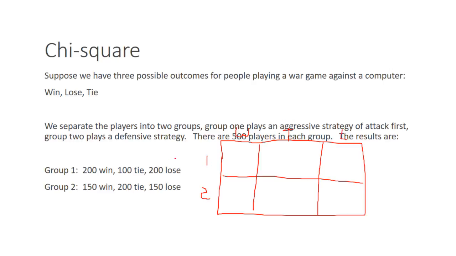Remember, group 1 is aggressive. That's the word aggressive. I'm sure you can read that. And group 2 is defensive. And then these numbers just go in here. 200, 100. Okay? These are the observed.